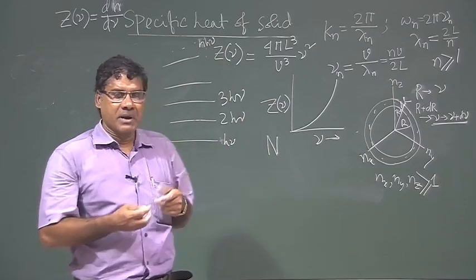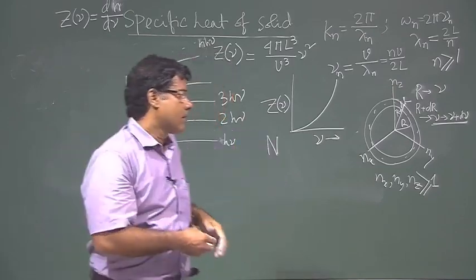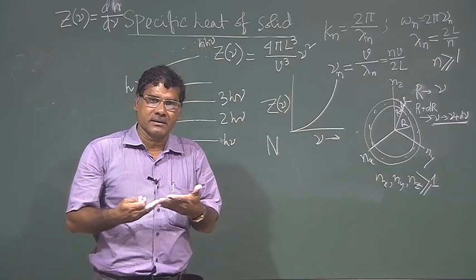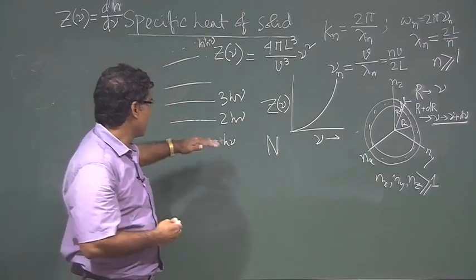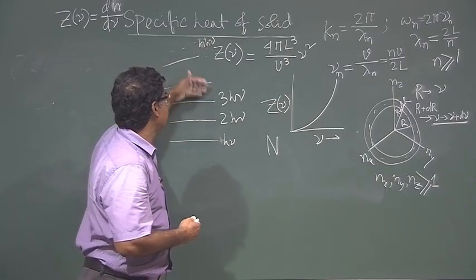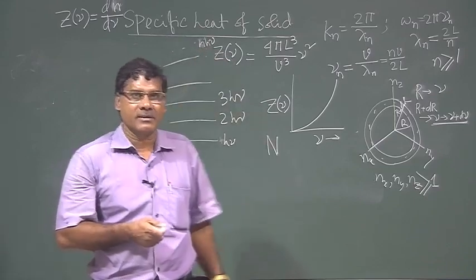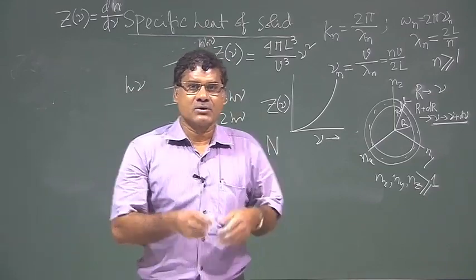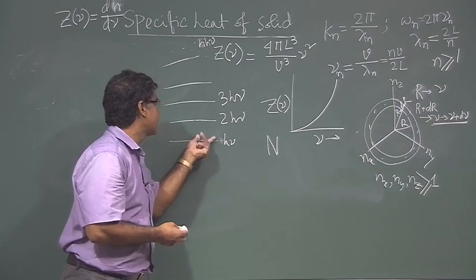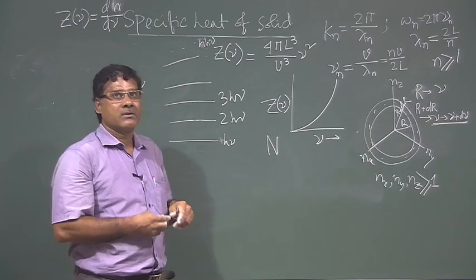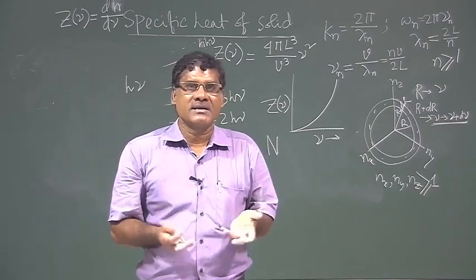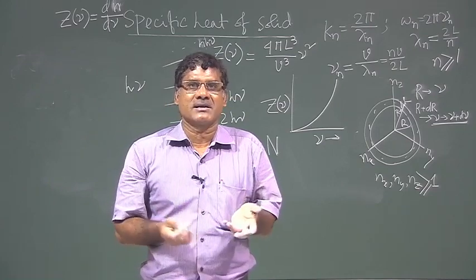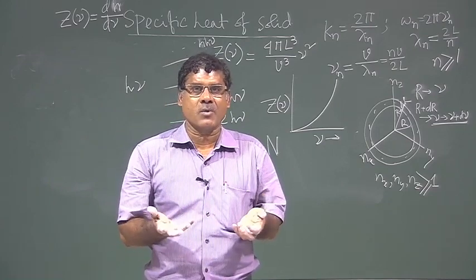So, now remember that at a particular temperature this mode can stay in any energy level, in an excited energy state. So, there is a probability to be here or here or here. So, there will be an energy distribution, right. So, what was the energy distribution? That is Planck's formula.